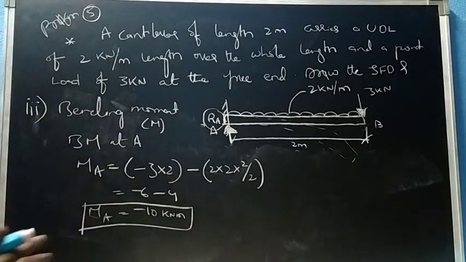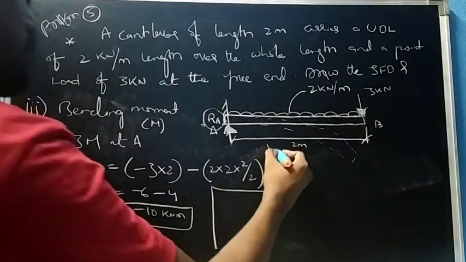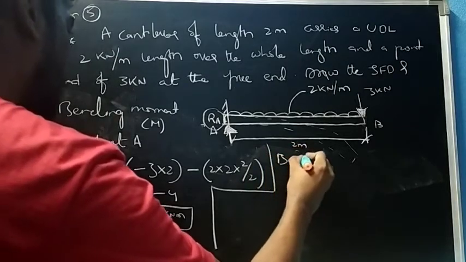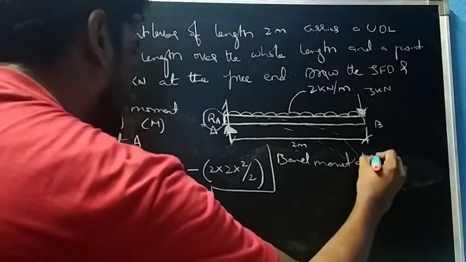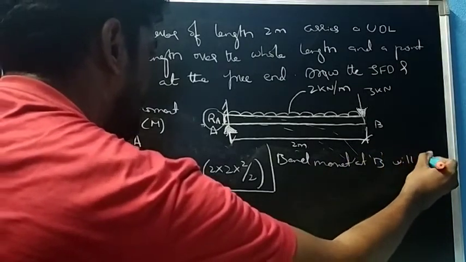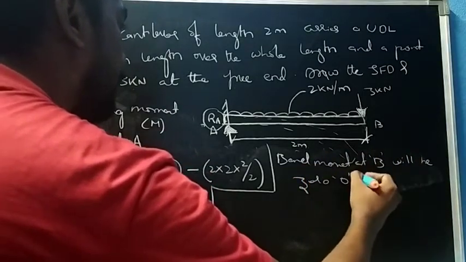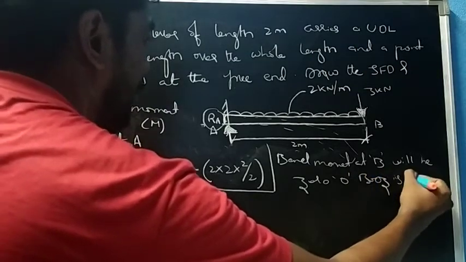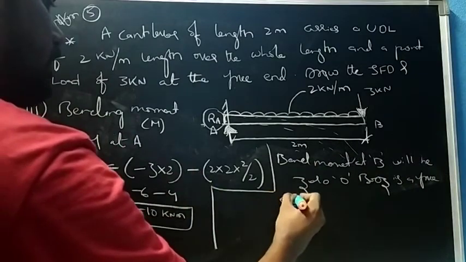Next we'll find out the bending moment at B. No need to find out shear force at B. So the bending moment at B will be 0, because it's a free end, right?